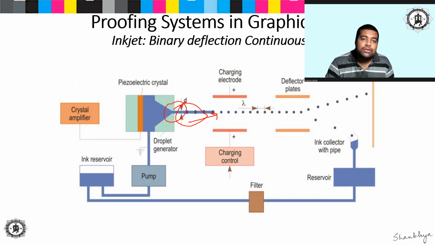Now, due to the surface tension, the jet tends to separate into independent droplets. As you can see, they are getting separated into individual droplets, right? This process is forced by varying the pressure on the back of the nozzle with a piezoelectric crystal. A piezoelectric crystal is a crystal which undergoes a mechanical deformation whenever electric energy is applied to it.